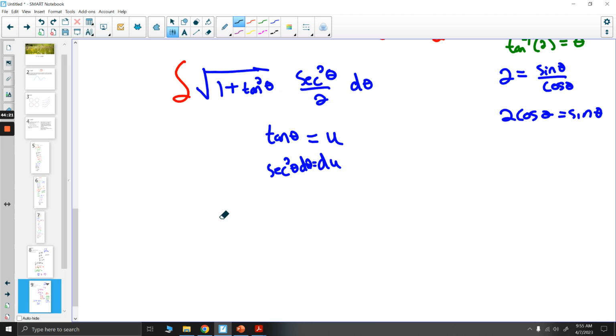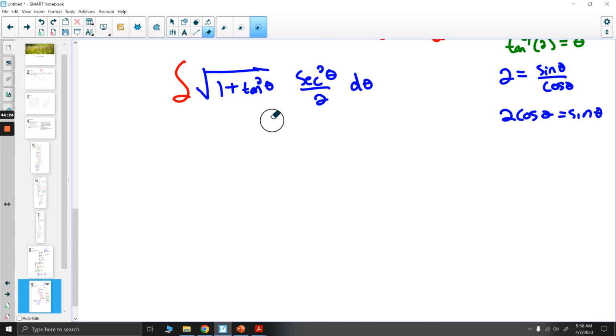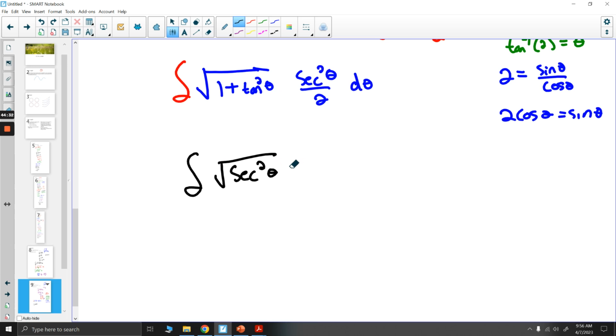Well, oh well. Okay, so rather than doing that u, let's go ahead and write this as the integral of secant squared theta over 2 d theta. So that means that these cancel, and we're left with the integral of secant theta times secant squared theta.